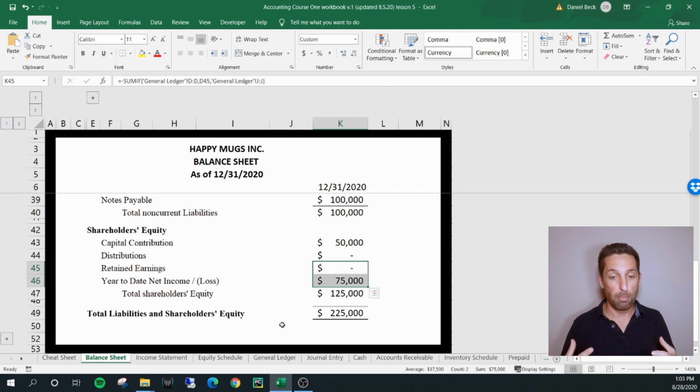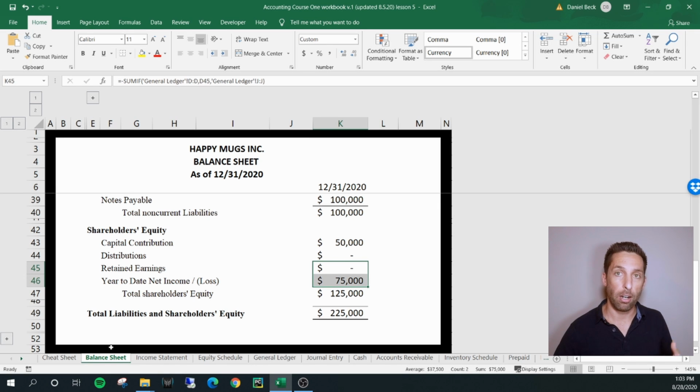And my whole goal is that this workbook would help you understand this concept a lot more quickly, so that you can get ahead in your school or wherever you're at in your professional career. So that's the transaction.